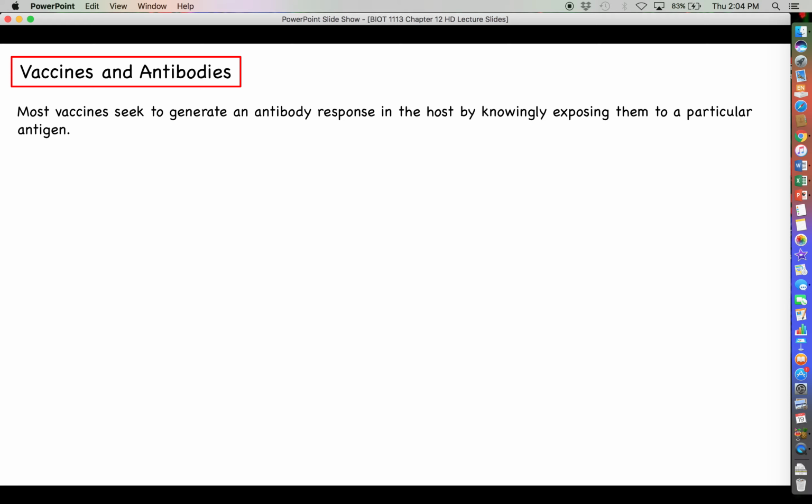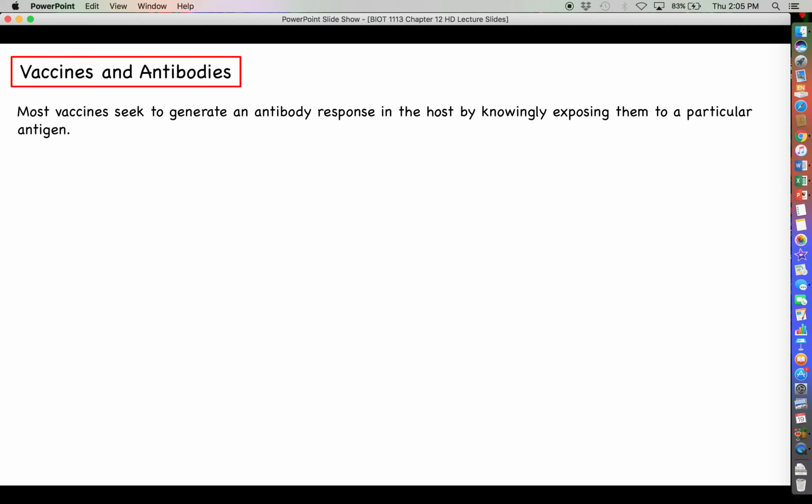Now, most vaccines, not all of them, but most vaccines are going to seek to generate an antibody response in a very particular way, and that is essentially the same way that we did it with animals. We are going to knowingly expose the host organism to an antigen from whatever we're trying to mount an immune response against.